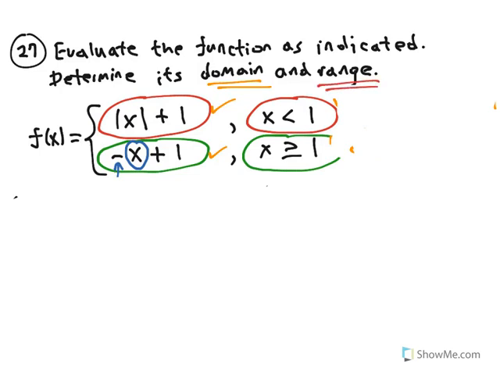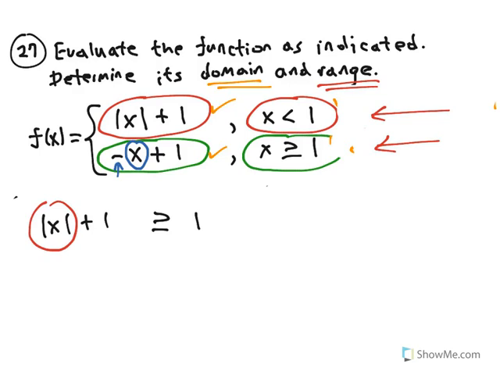To think about the range, you can think about the possible output values from each piece of our piecewise defined function. When we look at the first piece, we know that the absolute value of x will be 0 or greater for any x, and then we're adding 1 to it. So the absolute value of x plus 1 will be greater than or equal to 1 for any x.